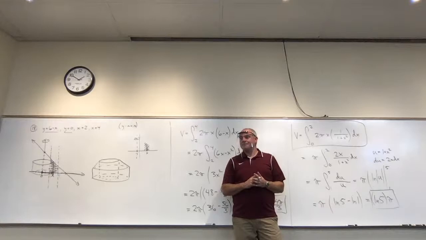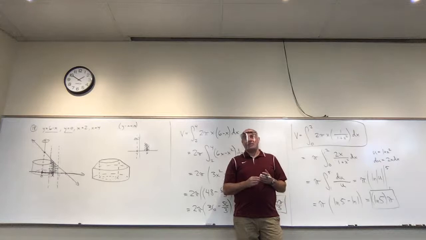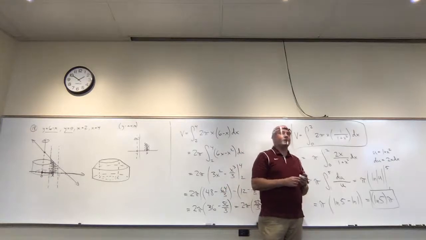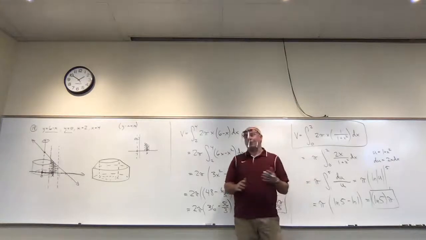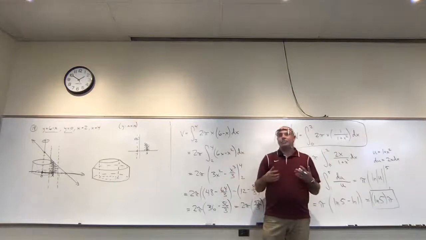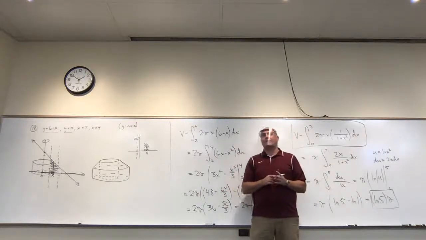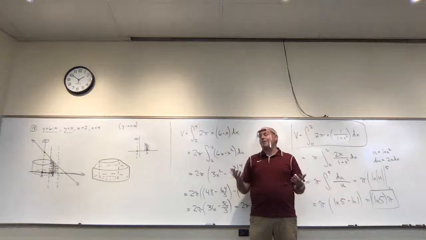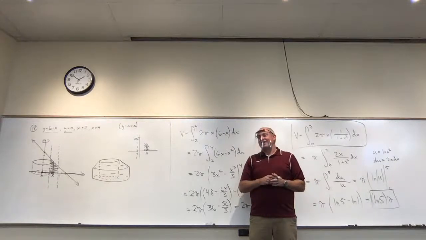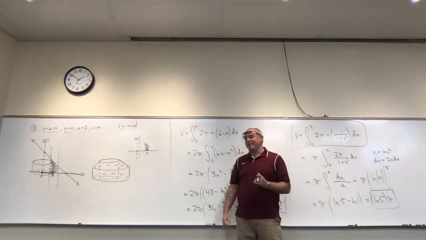Yes, sir. Will we have to know the area of various shapes by heart? It would be good, especially the simple ones. The area of a circle, the area of a square, the area of a triangle. Those are the kinds of things that I would expect. If it's the area of an octagon, I'll assume you don't know that. You know what I mean?